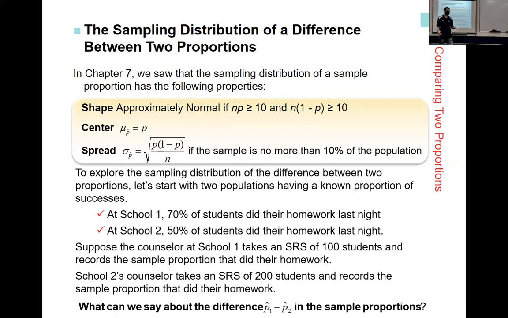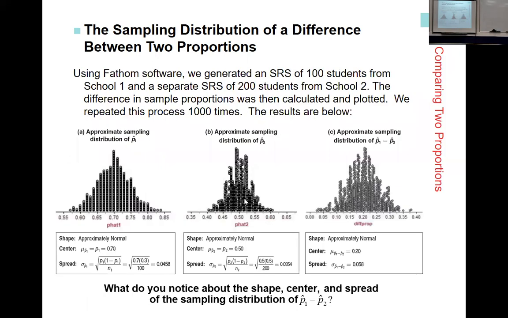This is kind of building our formula. That's what we're about to do here. We're going to talk about where the formula comes from. So here's the distribution of samples from P1. Here's the samples that we could get from P2.